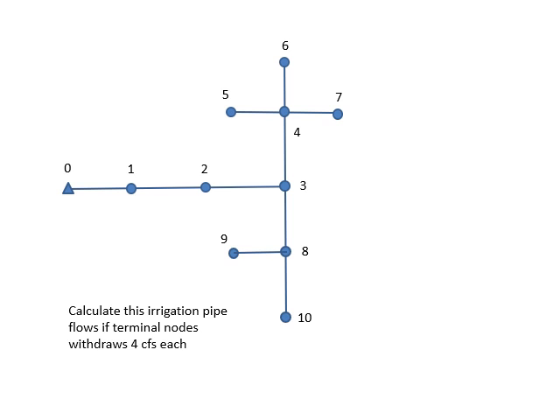This is another simple example, a pipe irrigation network shown in the very first slides of the presentation, where we are asked to name the pipes and to calculate the pipe flow if every terminal node withdraws 4 cubic feet per second. Again, the terminal nodes are numbers 5, 6, 7, 9, and 10.